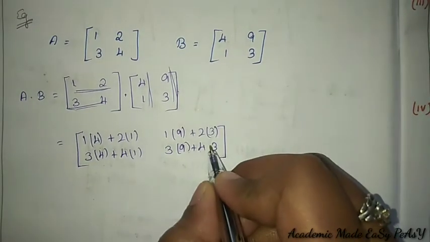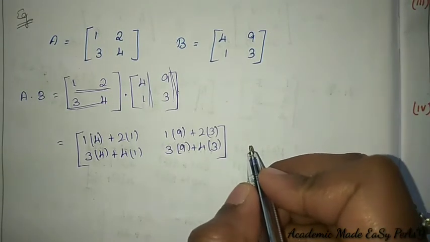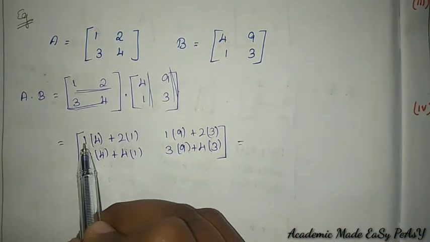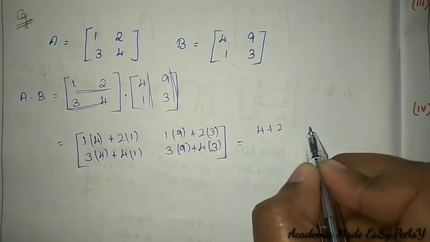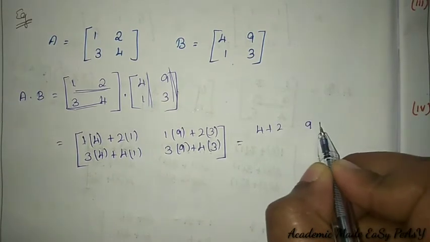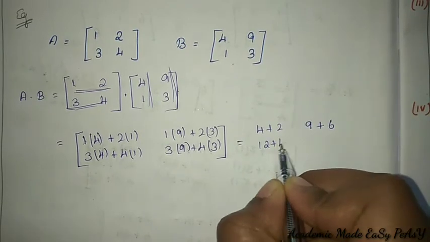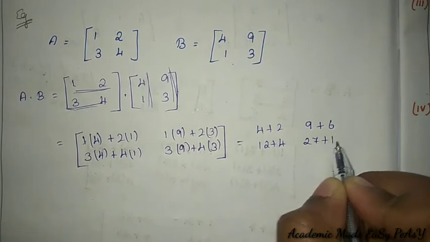If you have any doubt in doing this, mention it in the comment box. I will make one more video with an easy way. So here 1 into 4 is 4, 2 ones are 2, 1 nines are 9, plus 2 threes are 6, 3 fours are 12, plus 4 ones are 4, 3 nines are 27, plus 4 threes are 12.